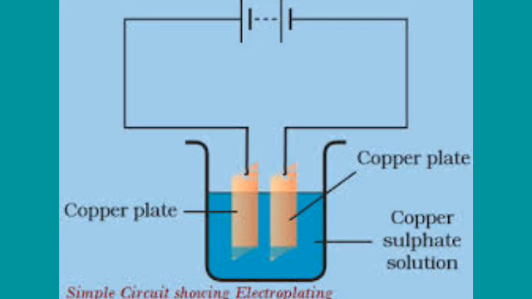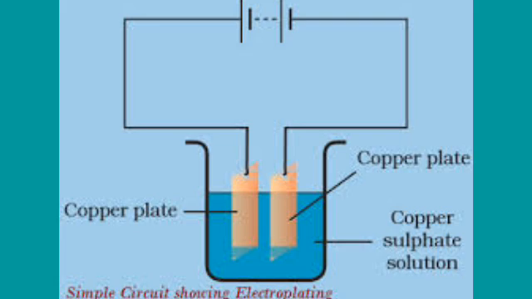Chemical effect of electric current. We know that electricity is conducted by metals and also liquids conduct electricity. So, when electric current is passed through a conducting solution, some chemical reactions take place in the solution. These chemical reactions produce electrons which conduct electricity.